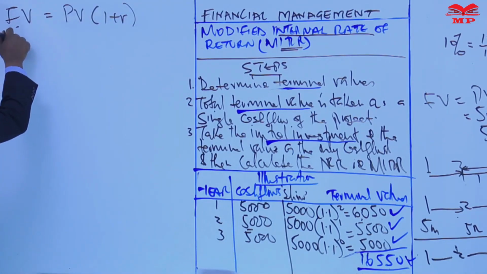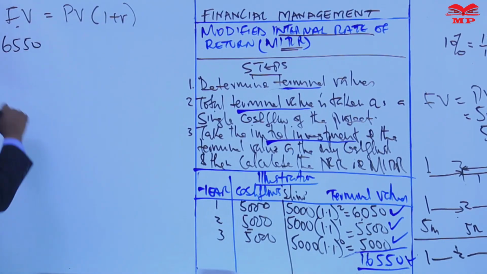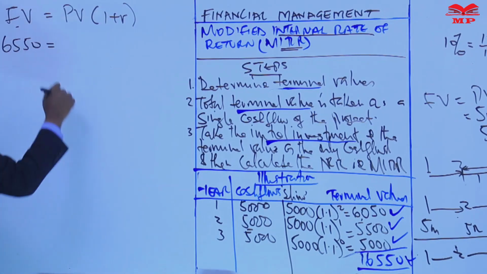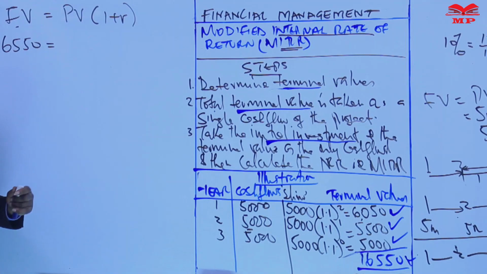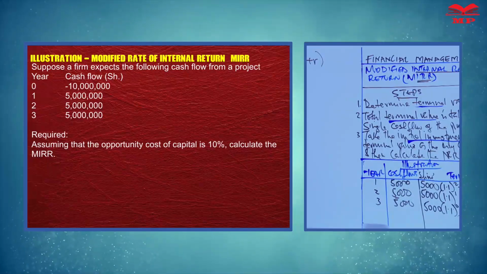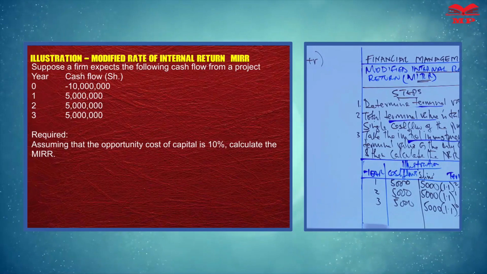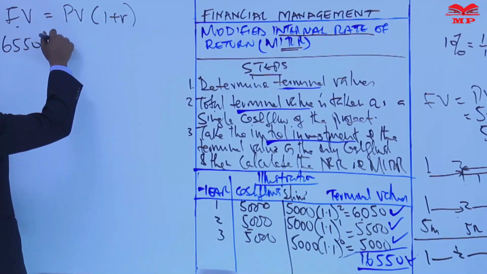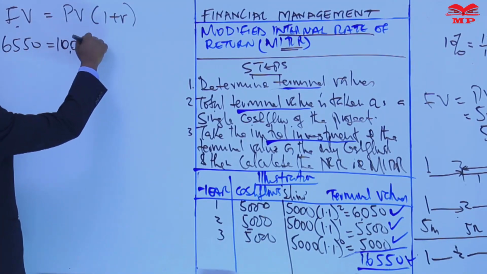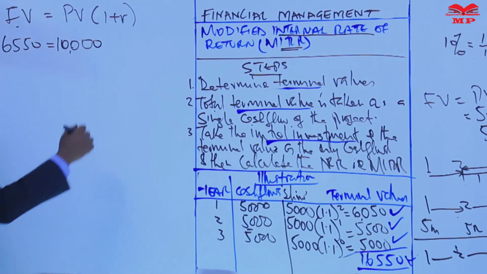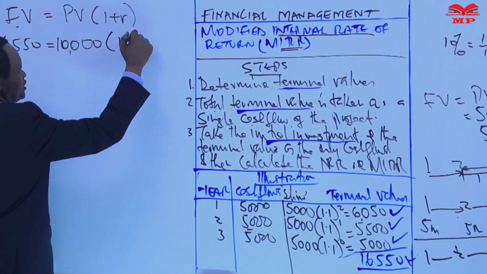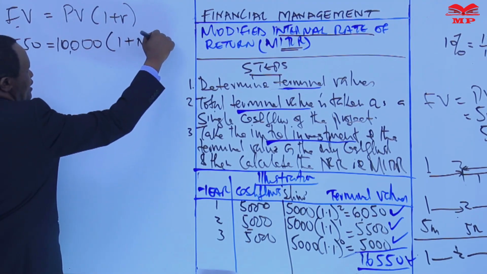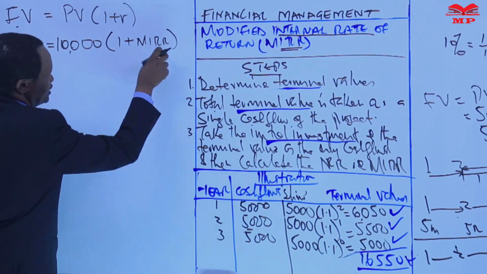This is the terminal value. Do you have the present value? Yes. What's the present value? The initial investment is 10 million. So we have the 10 million. One plus R, which is now MIRR. We want to determine the MIRR.